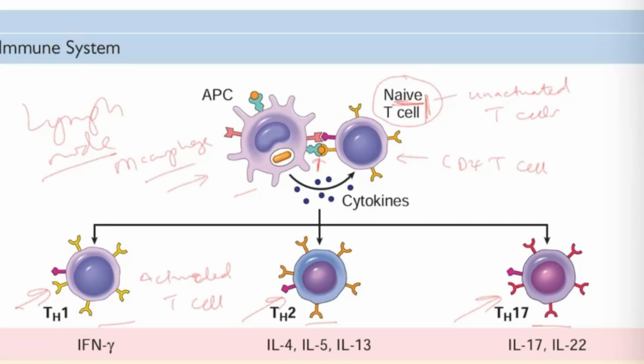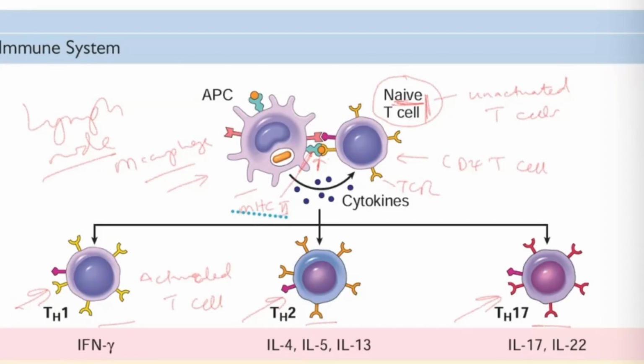The T cell receptor will bind to that antigen. This green particle you can see is the MHC2. So the antigen is mounted on the MHC2 on the APC, and then the APC will bring it to bind to the T cell receptor on the naive T cell.